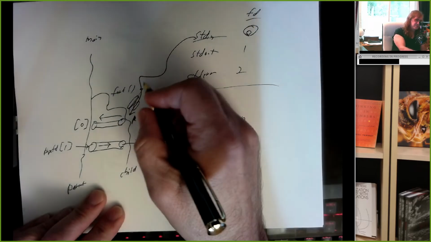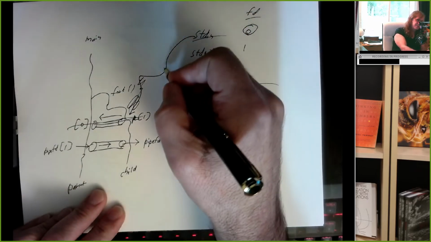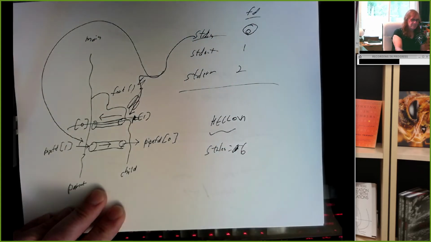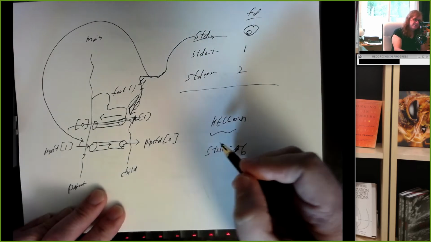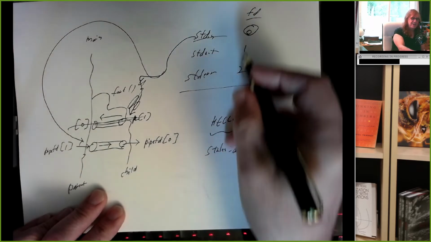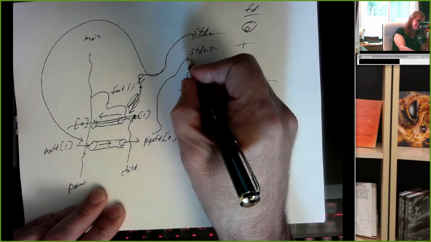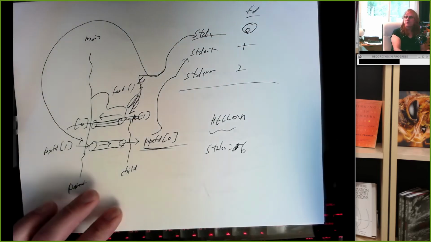Well, let me do it the original way. Let's forget about that. I want standard in to go to this. Or I can say, hey, standard out, which was file descriptor 1, I don't want standard out to come from file descriptor 1 anymore. I want it to come from whatever this file descriptor is.